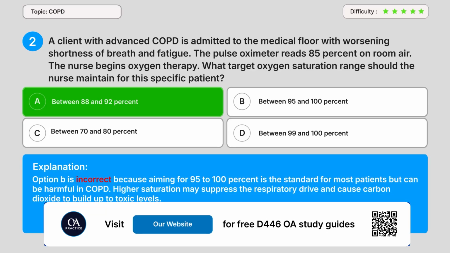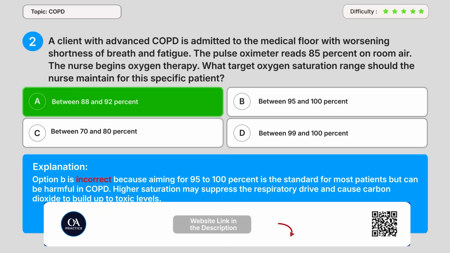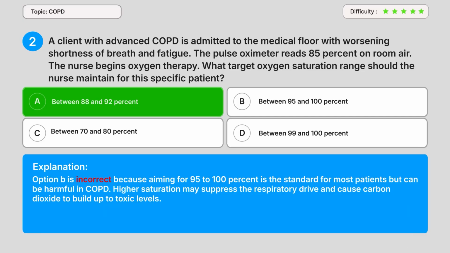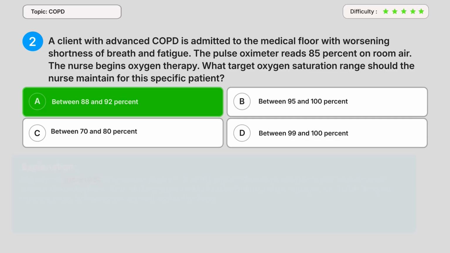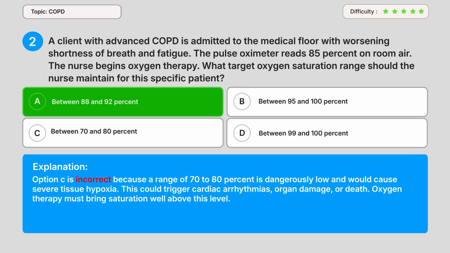Option B is incorrect because aiming for 95 to 100% is the standard for most patients, but can be harmful in COPD. Higher saturation may suppress the respiratory drive and cause carbon dioxide to build up to toxic levels. Option C is incorrect because a range of 70 to 80% is dangerously low and would cause severe tissue hypoxia.